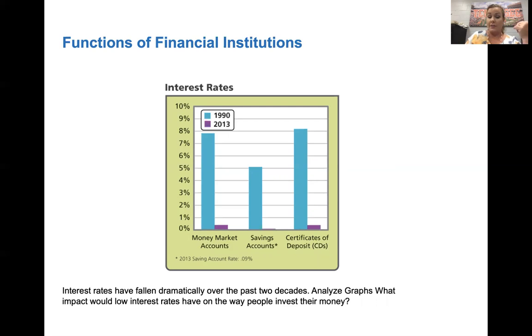You want interest rates to be low because that means you're paying less interest. However, if you're later in life and you've already got your house at a low rate, now you're at a point you want to be investing, these low interest rates are not going to get me a good return on my investment. I'd rather have the 1990 rates. But again, are you borrowing or are you investing? Makes a big difference as to whether you want high or low interest rates.